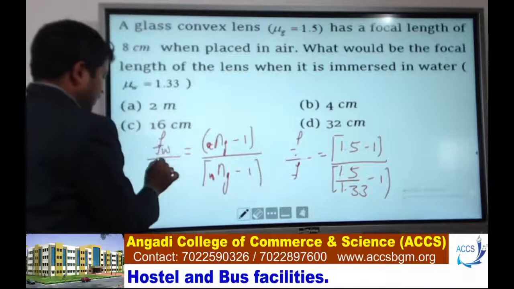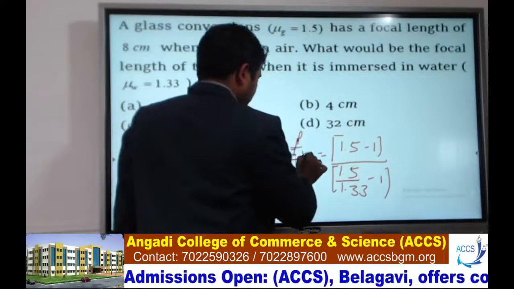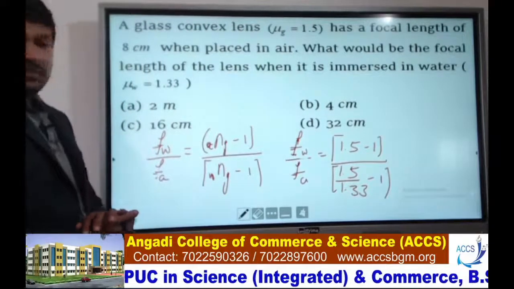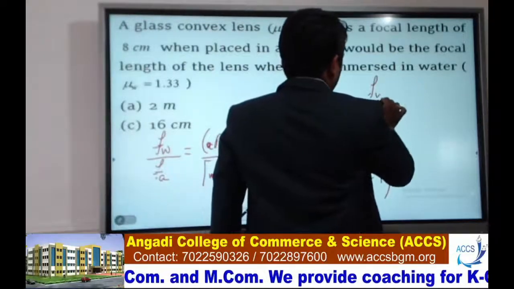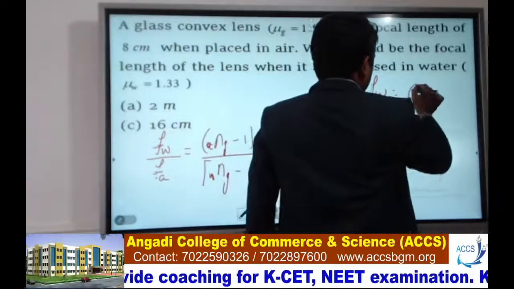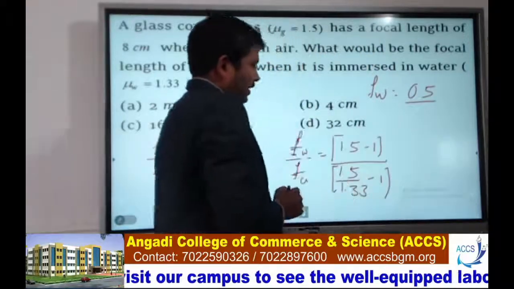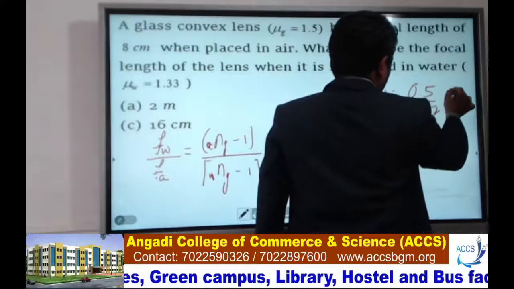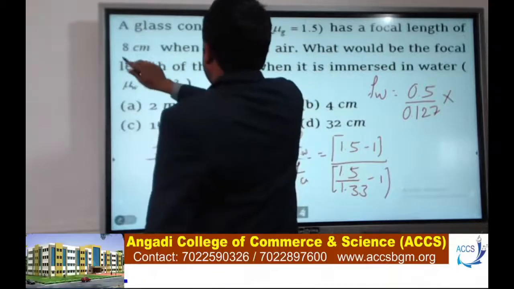This is the refractive index of water. Focal length in water divided by focal length in air. Now FW equals how much can we get? 0.5 divided by the simplified value, 0.127, into the focal length, which is 8 cm.